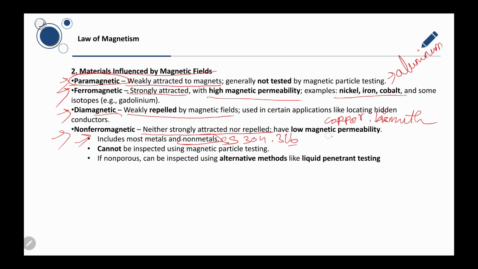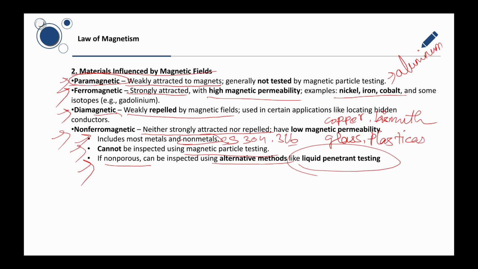Non-metals like glass, plastics, ceramics, these are non-metals. The next one is not suitable for magnetic particle testing. And the alternative methods, or if the material is non-porous, we can use liquid penetrant testing instead of magnetic particle testing.